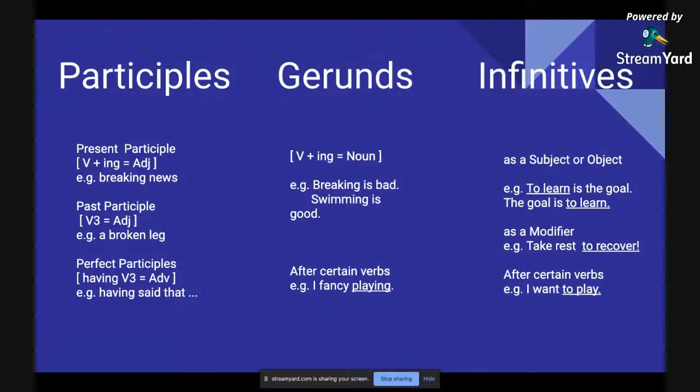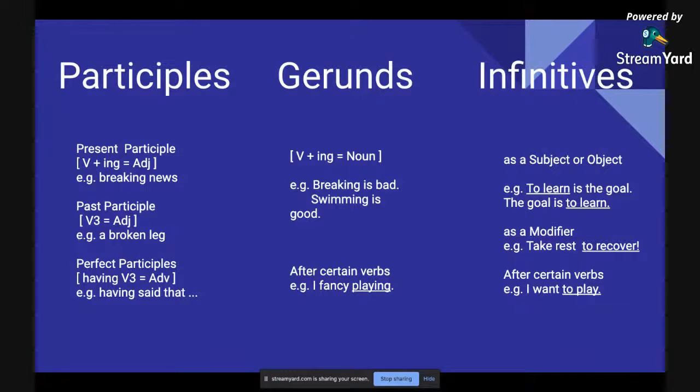Let's talk about infinitives, as infinitives is the first topic that the book explains. Infinitives are the initial form of verbs, and it can serve with the preposition to before, but it doesn't always have to. Infinitives can go by themselves without the preposition to. It's not a must. Infinitives can serve as a subject or an object in a sentence.